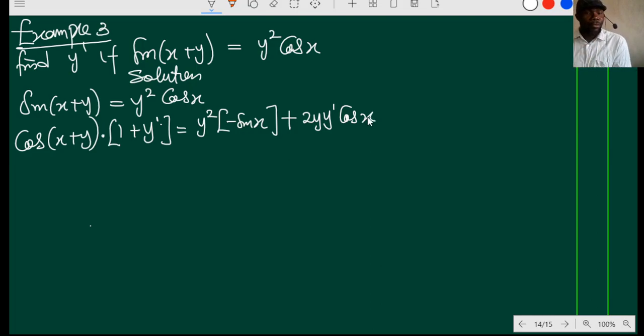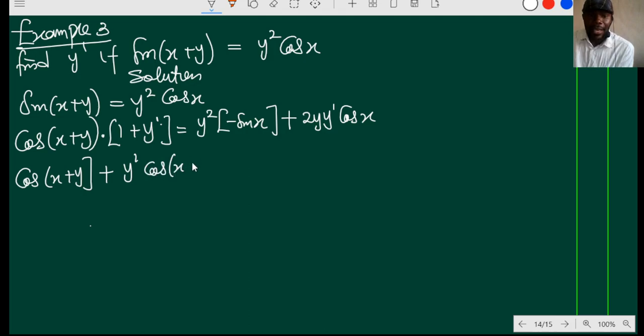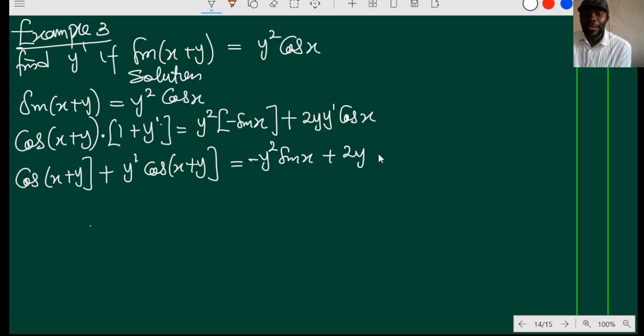So let's expand this. We have cos of x plus y, multiplied by 1 plus y prime, which gives cos of x plus y plus y prime cos of x plus y. On the right, we have minus y squared sine x plus 2y y prime cos x.